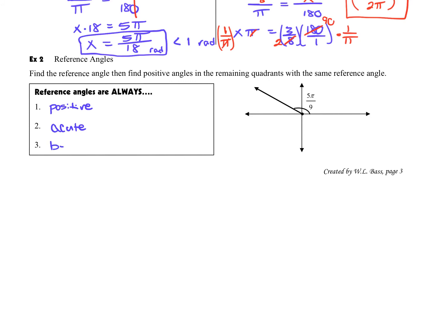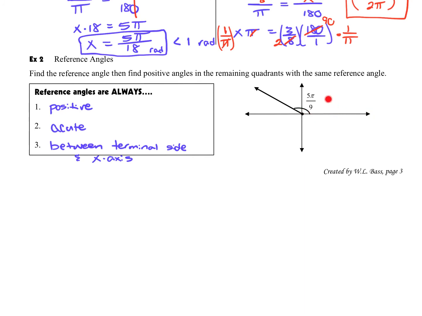And it will be between, and you're not going to know these vocabulary words quite yet, it is going to be between what we're going to call the terminal side and the x-axis. Now, the terminal side we'll touch on again more in the next video. Our angles are now going to start here, and then they're going to rotate, and they might rotate up and they might rotate down. But both sides of an angle, both rays, will start on this positive x-axis, and one of them is going to move and the other will stay right here, okay?